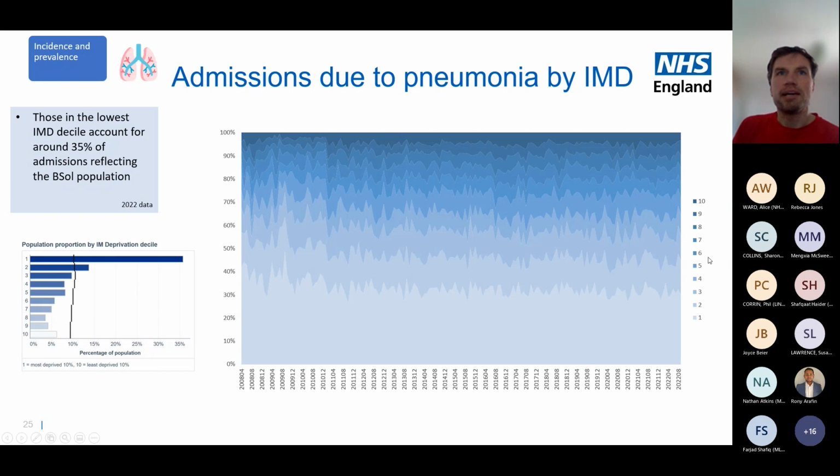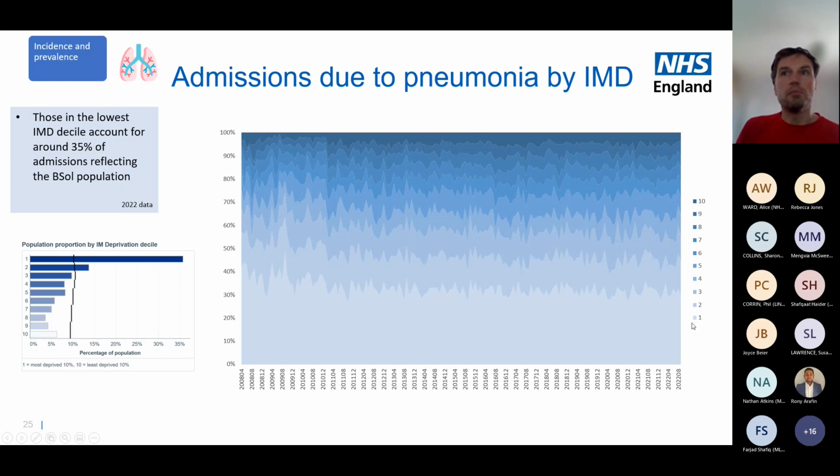And then breaking that down across the time series by IMD deciles, you can see the greatest proportion, always around 30+% of patients admitted due to pneumonia, are in IMD decile 1, which is probably as expected given the background population.